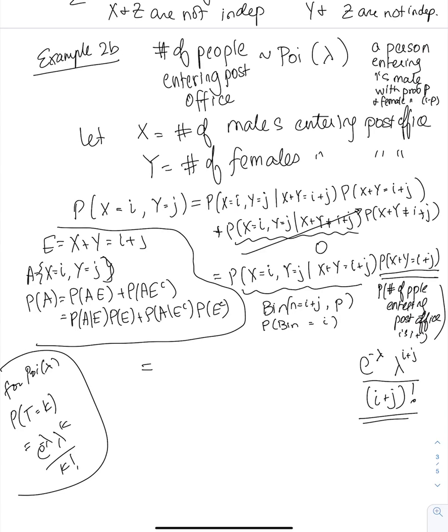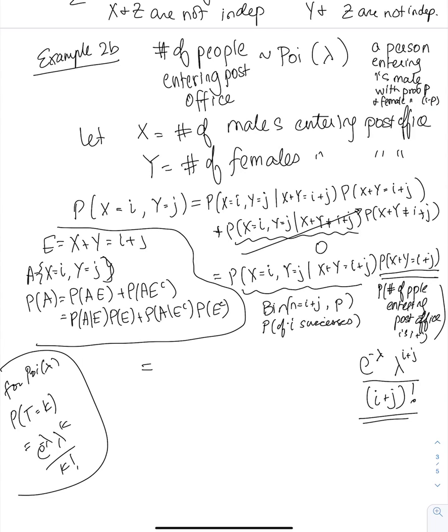Let's just call a male entering a success, and you're asking what's the probability that you have i successes. Does this make sense? You know that i plus j people walked in, and you're asking, here are i plus j people, what's the probability i of them are men? So what will that be?